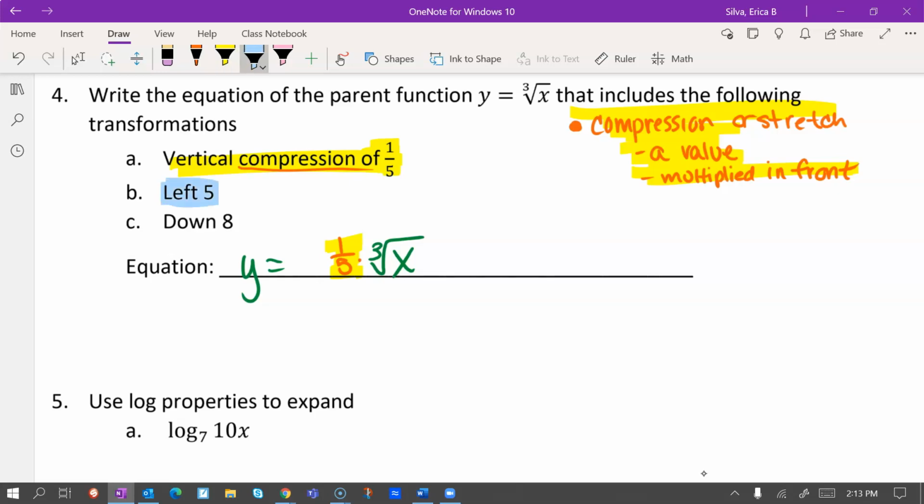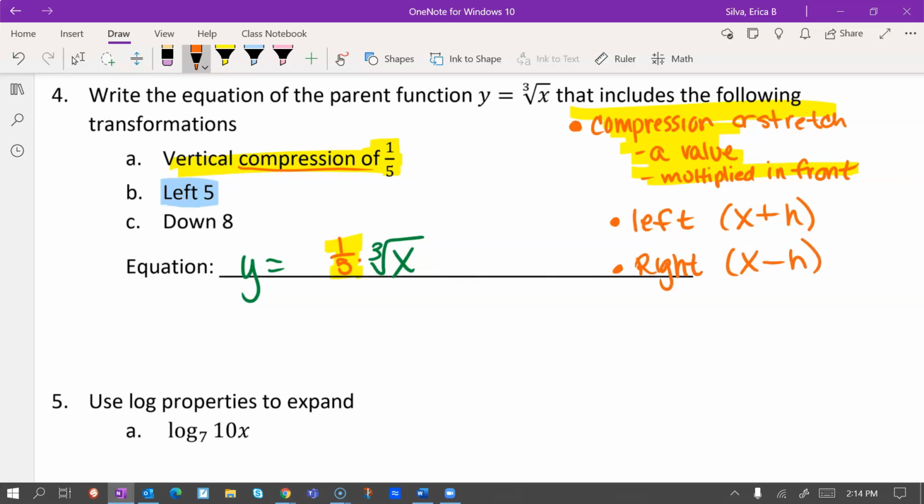Next, we're going to look at the left 5. Remember, anything that's a horizontal change will be with the x, and remember, x always lies, so we're going to say plus 5. If it is left, we're going to say x plus my h. If it was going right, we would say x minus whatever that h value is.